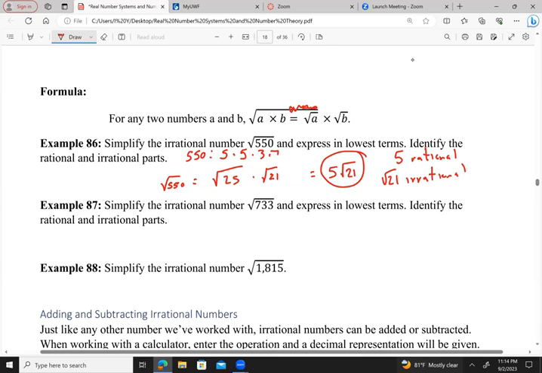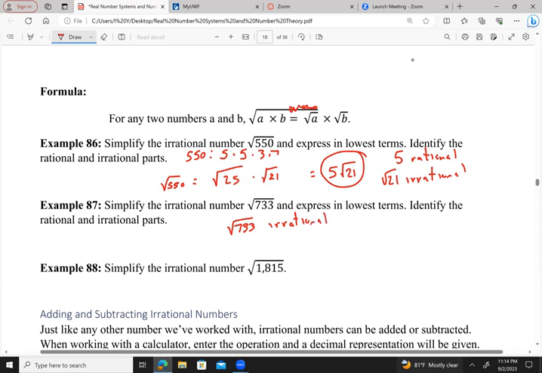Looks like we may be done here. 17, 19, 23. Trying to find a factor. Looks like it's going to be a prime number. One more, I think. 29. Yep. So this is a prime number. Our 733 is prime. So this reduces down to simply the same thing. And it is the irrational part because it is an irrational number.